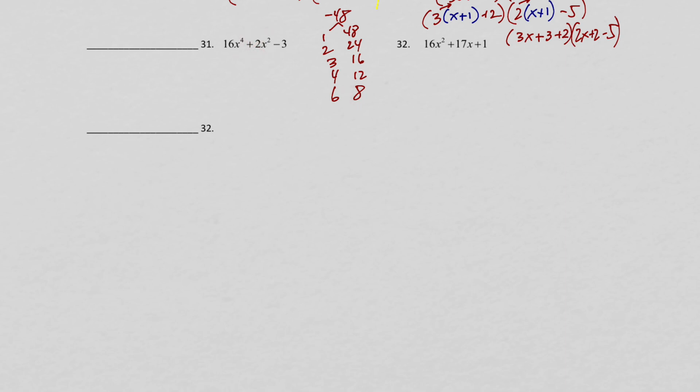It's a positive 2, so we have to put the plus on the 8 and the negative on the 6. And these are what's going to multiply to negative 48, but add to positive 2.